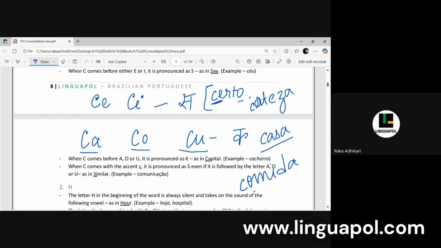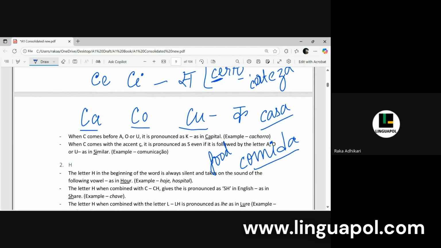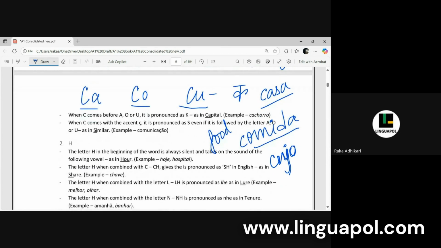Anyone knows this? Food. Yes, food. Cujo. It's a connector word basically. Cujo means in case. So casa, comida, cujo.